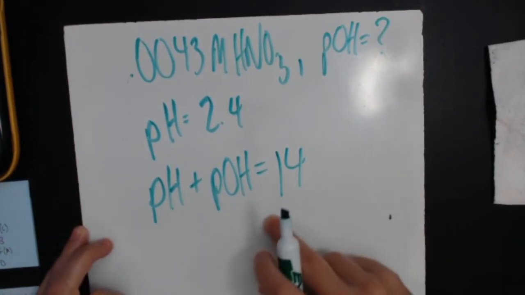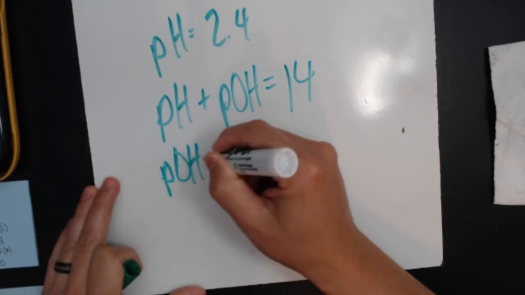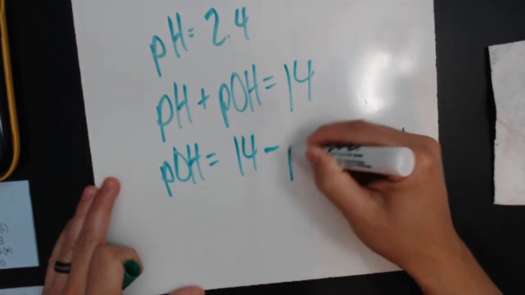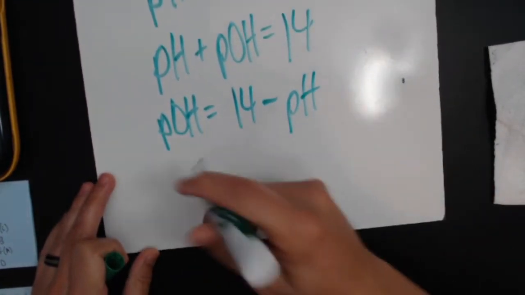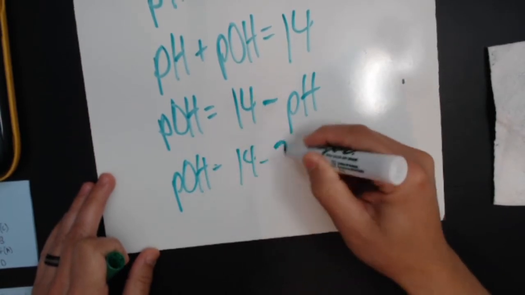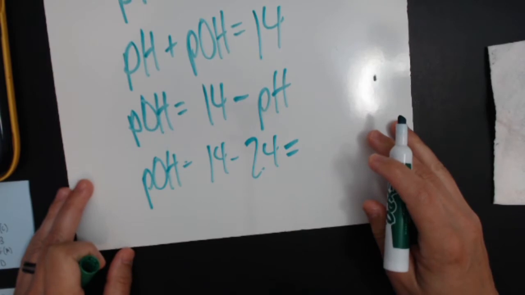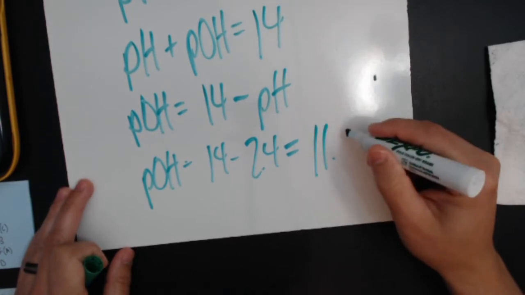We just rearrange this to where it says pOH is equal to 14 minus pH. So pOH is 14 minus 2.4, which is equal to, who are all my math wizards out there? 11.6.